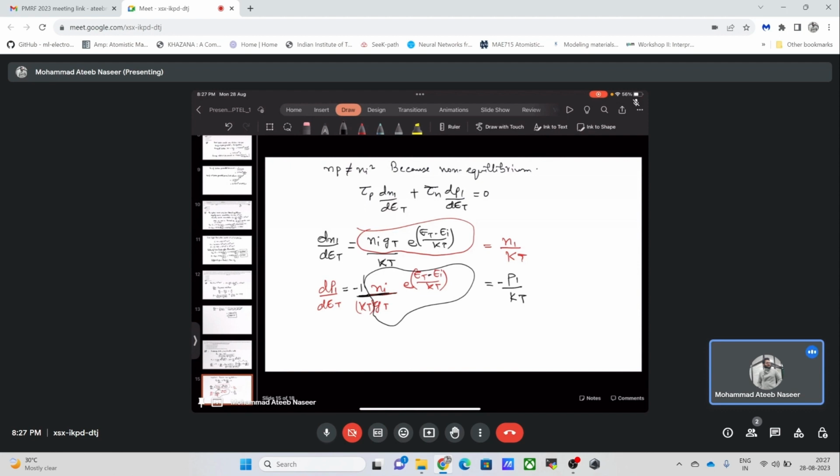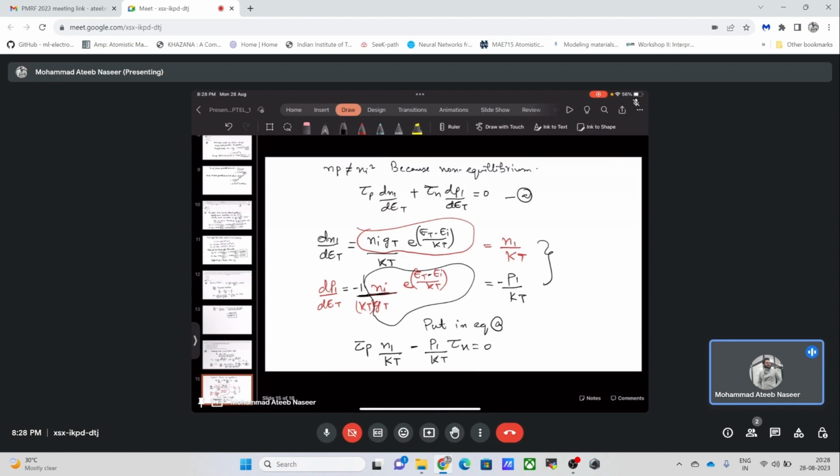Now let's put these values in equation A. I would simply have τp n1/kT minus p1/kT times τn equal to 0.